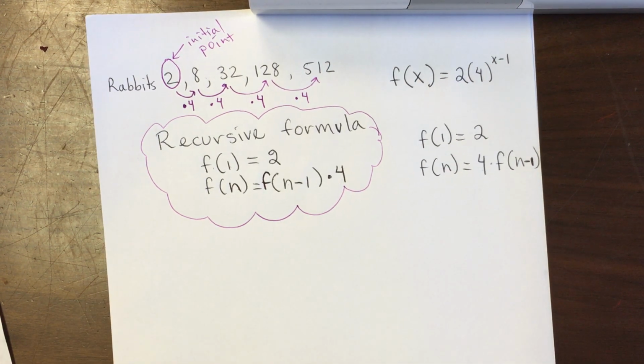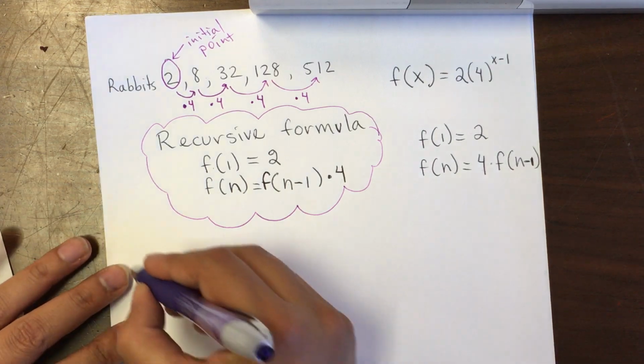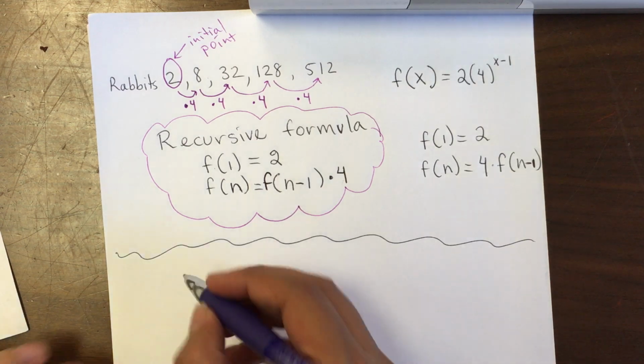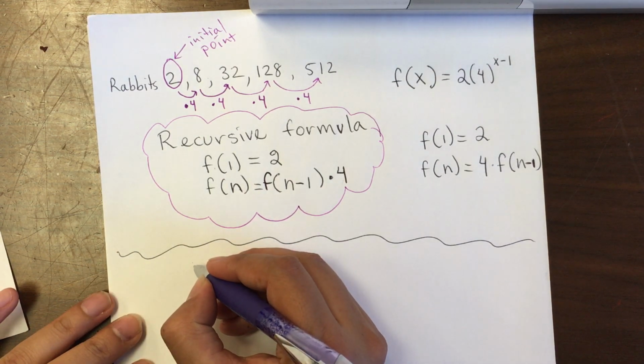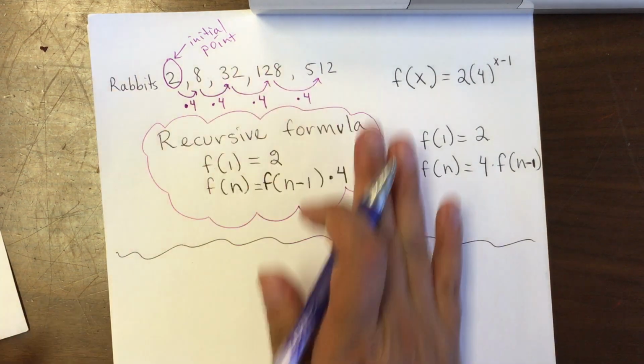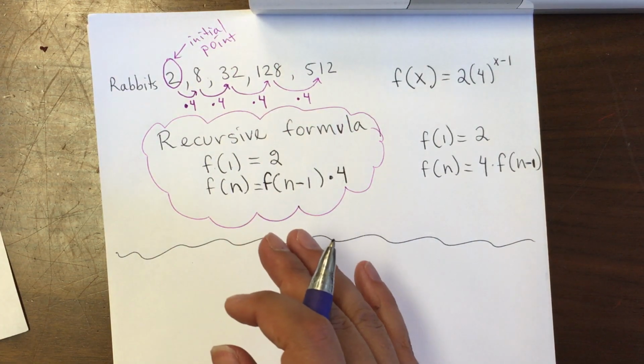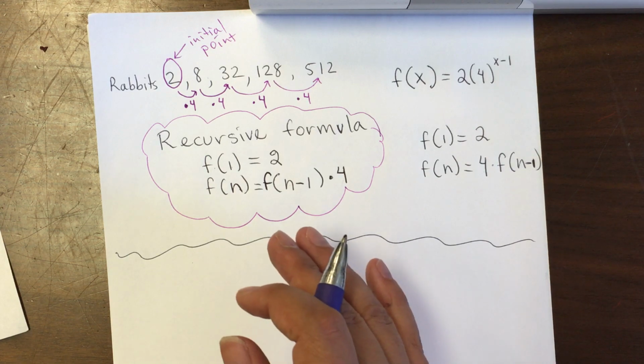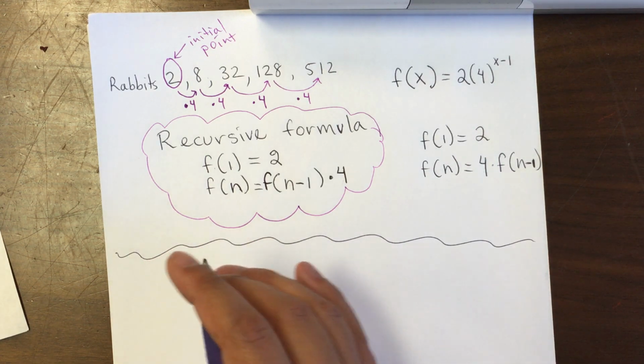Okay, so now we're going to go back the other way. We're going to find the recursive formula from some sequences. If I have not a scenario, but just a sequence, let's see.